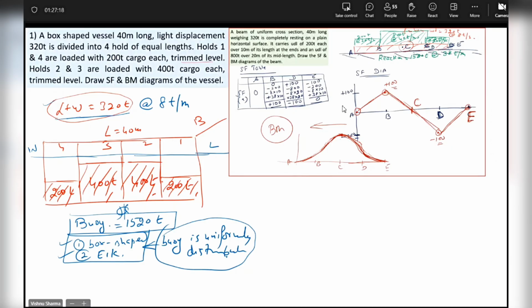So do you agree with me that the cargo in this box-shaped vessel is exactly like the UDL on that beam? Yes or no? Correct? Correct, beta? Guys, do you agree that the cargo in the box-shaped vessel is like the uniformly distributed loads on that beam? Yes or no?